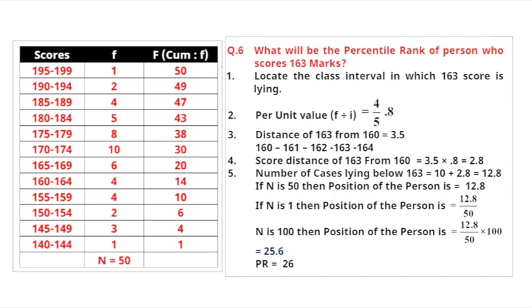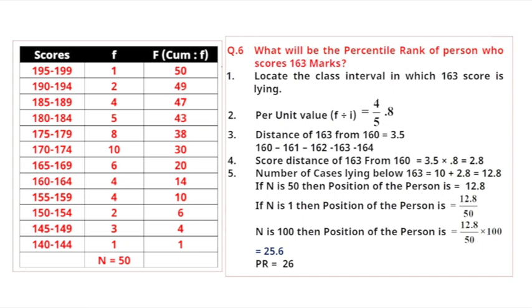Now it is simple mathematics. If n is 50, then the position of the person who got 163 is 12.8. We have calculated it is 12.8. If n is 50, then the position of the person is 12.8 upon 50, simple maths.